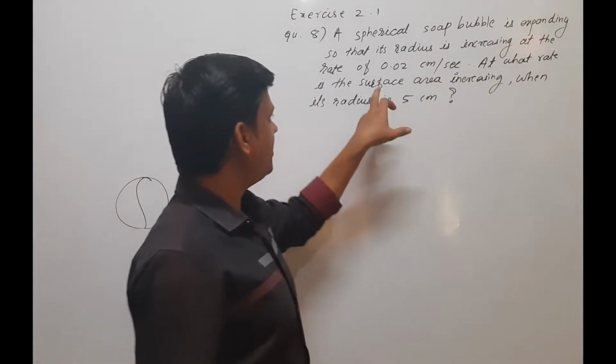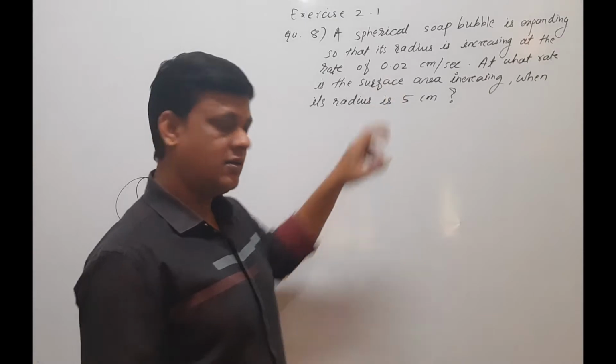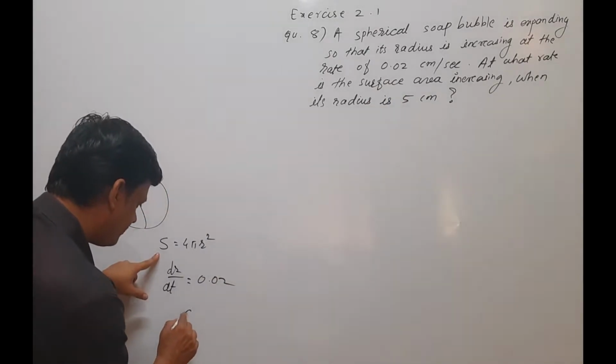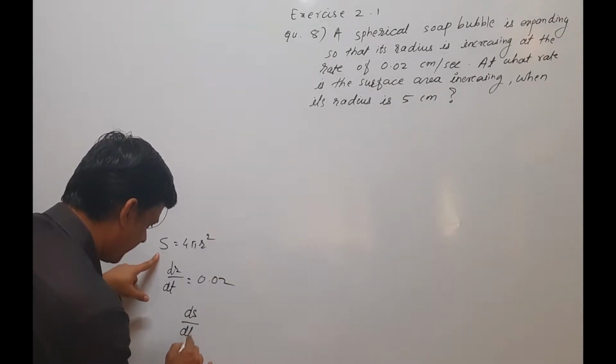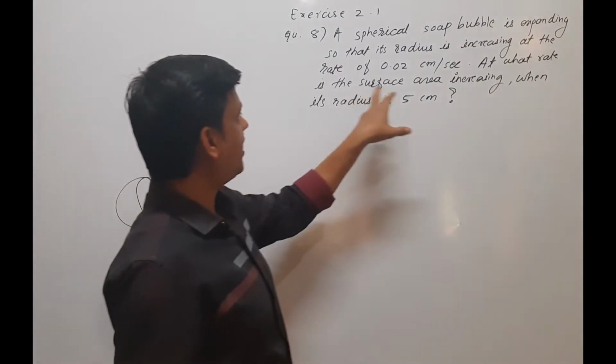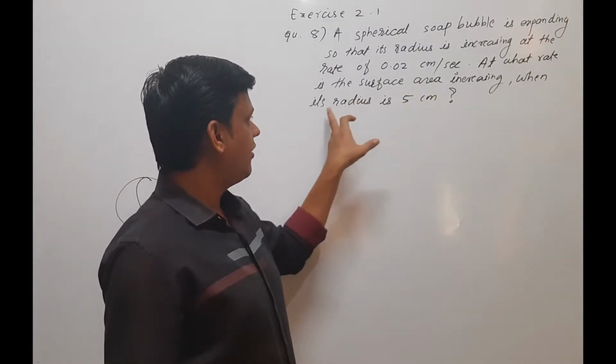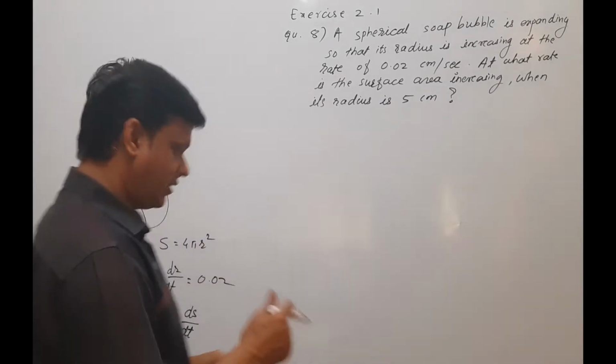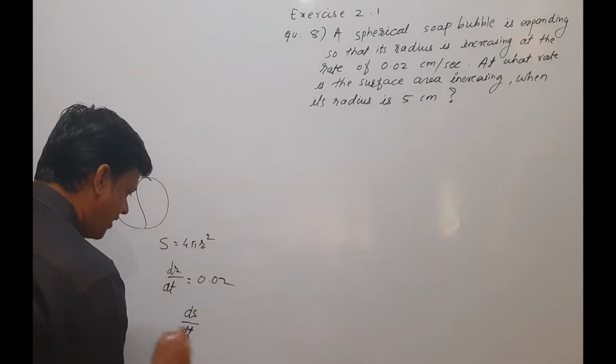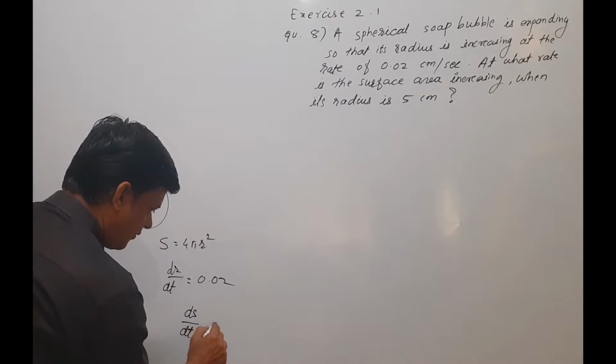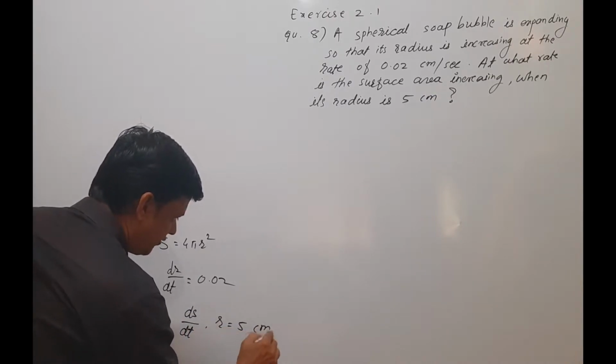At what rate is the surface area increasing? That means we have to find ds by dt. At what rate is the surface area increasing when its radius is 5 centimeter? That means we have to find ds by dt when r is equal to 5 centimeter.